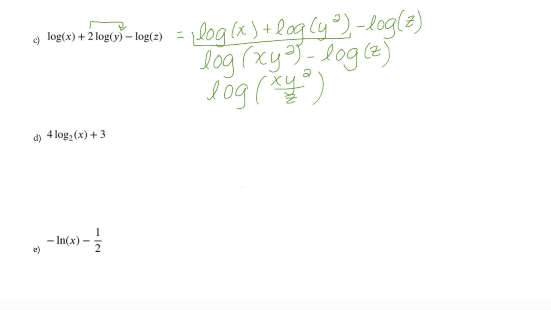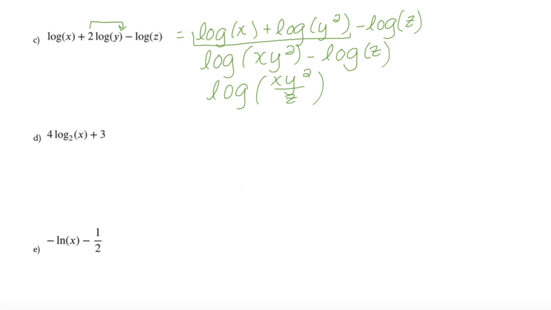All right. This is an interesting one, part D, because I have my logarithm on the left and a constant on the right that doesn't have a logarithm. But this is where some properties from the first slide will come in handy for us to rewrite this as a logarithm.